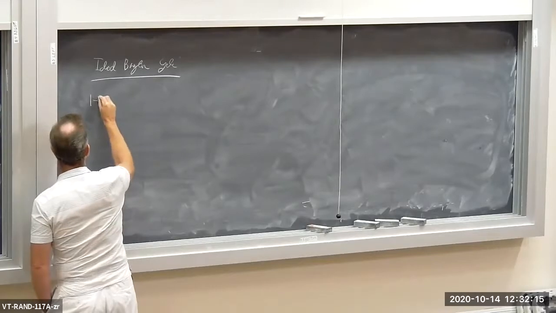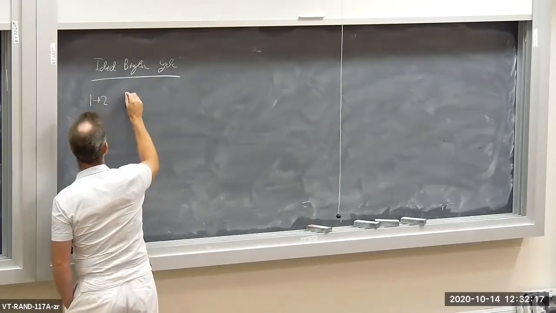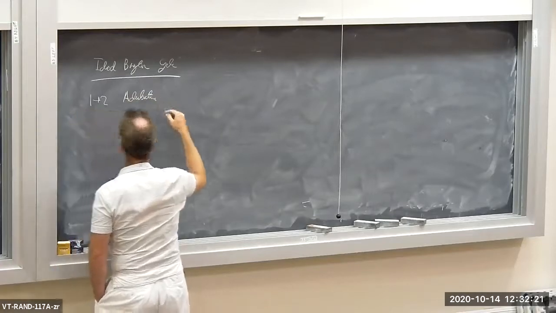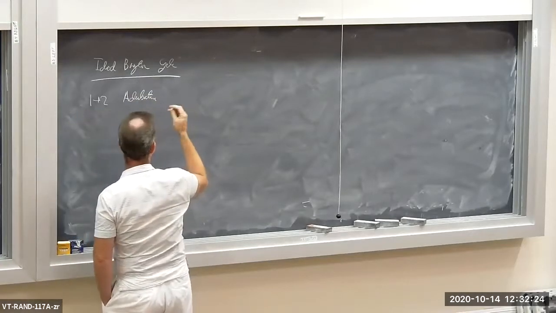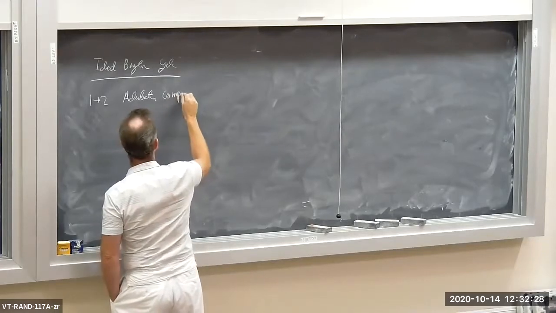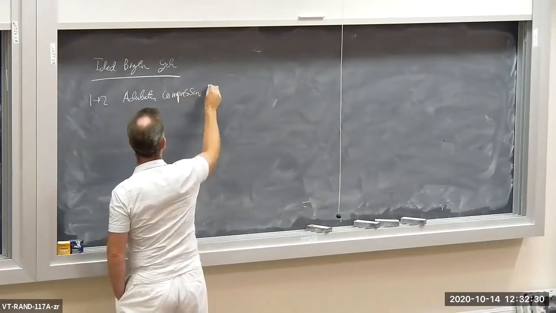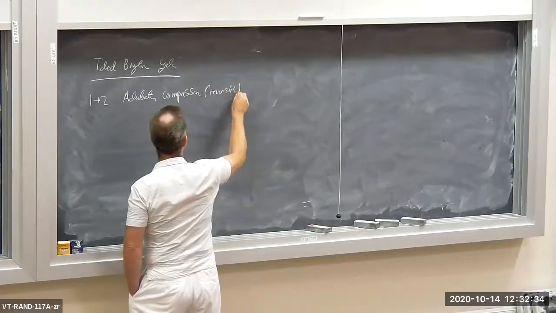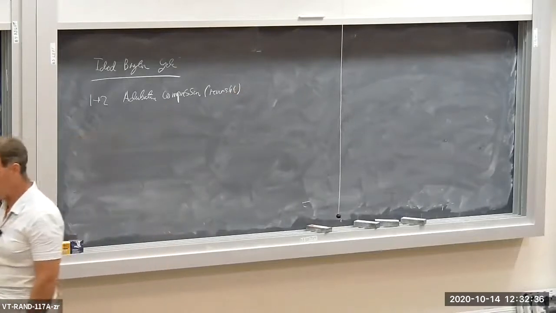We have process 1 to 2, which is adiabatic, and therefore adiabatic reversible, and therefore isentropic compression. So it's reversible, adiabatic, therefore isentropic.